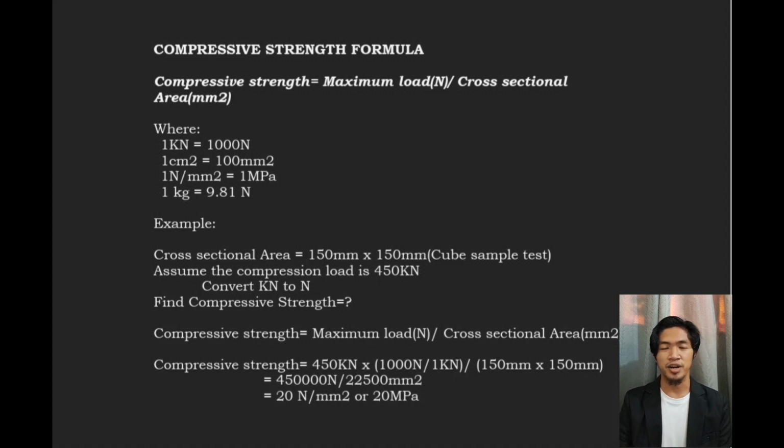So 450 times 1,000 is equal to 450,000 newton over 22,500 mm squared. I-divide mo lang yan, ang magiging result is 20 newton per millimeter squared or 20 megapascal.